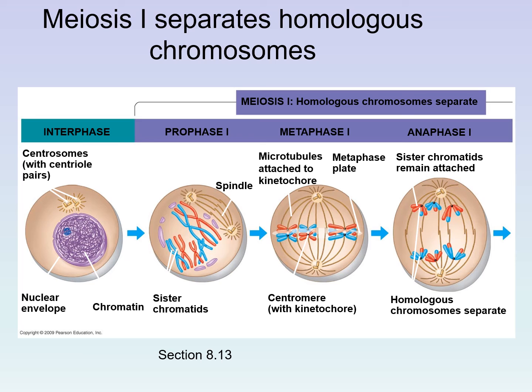And this reflects the statement at the top of the slide: meiosis 1 separates homologous chromosomes. These are the pairs of chromosomes that you have. Think about the karyotype, separating those pairs.